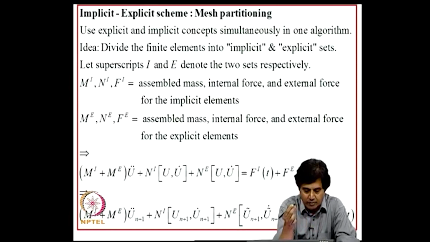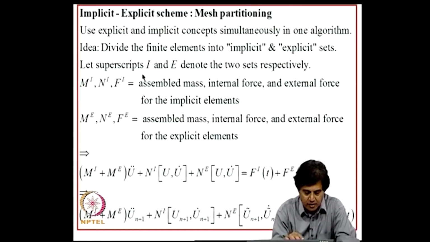Where you expect, for instance, local nonlinearities or stress concentrations or things like that, you use a finer mesh or you use an explicit mesh. Where you expect linear behavior or things like that, you could use an implicit mesh.